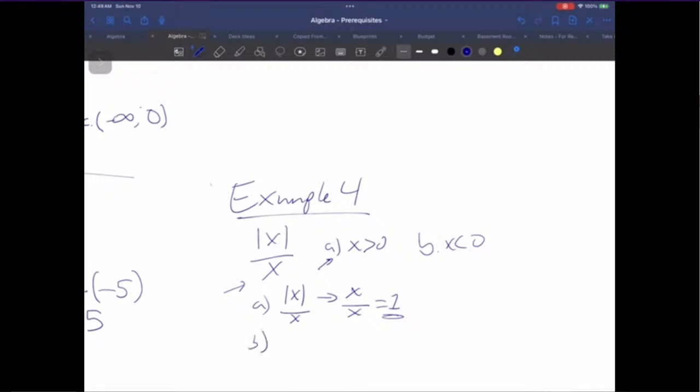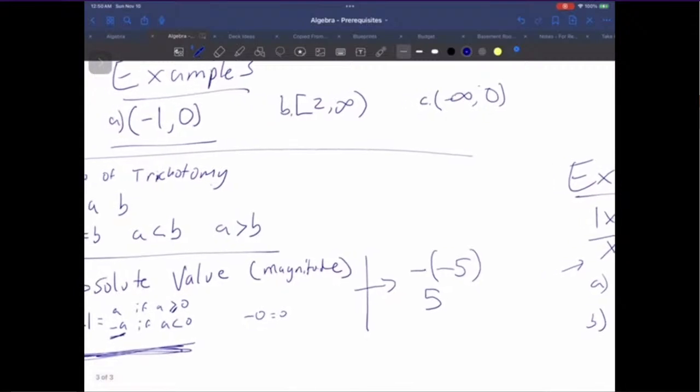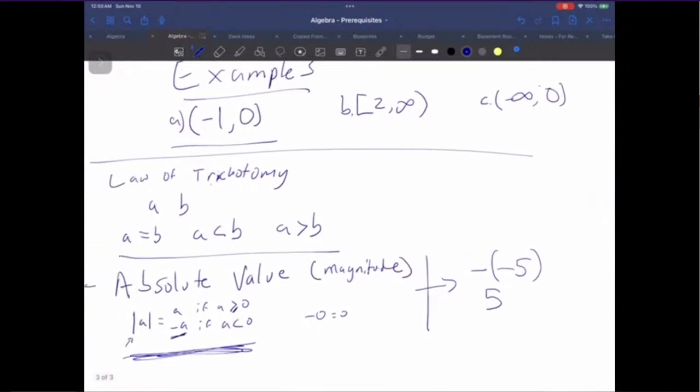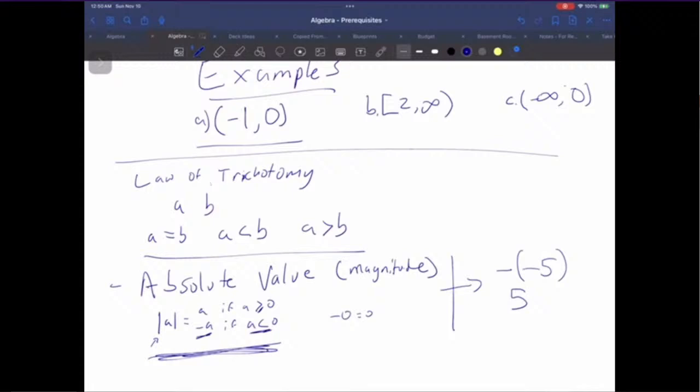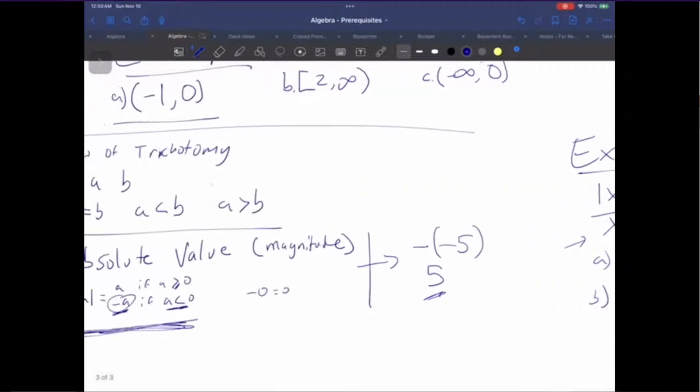So that was A. B, x less than 0, we have the absolute value of x over x. The absolute value of x is now negative x, right? Because x is negative by our rule over here. If a is negative, if a is less than 0, then we can write it as negative a, which will negate it, turn it into a positive number.